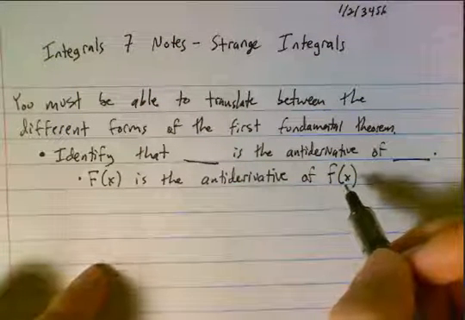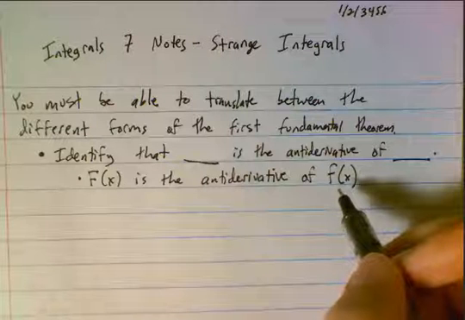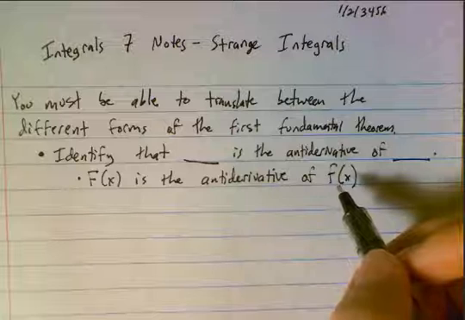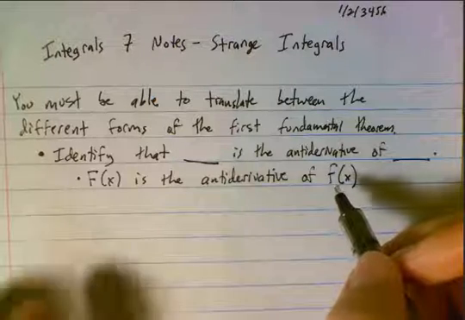But it can also be told to us in another way. We can be told that one function is the derivative of another, which implies that one function is the antiderivative of another.